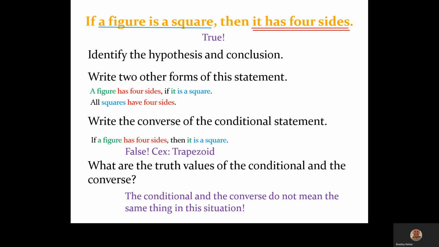If it is a square, or if the figure is a square, it doesn't make as much sense as if you said the noun first, say the pronoun second. So we're looking for this. A figure has 4 sides if it is a square. That means the same thing as the conditional.